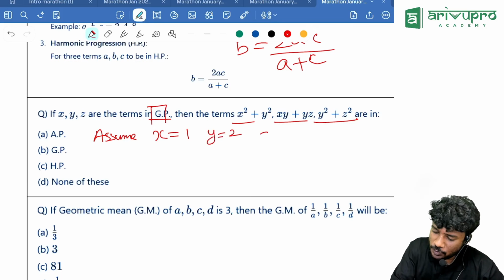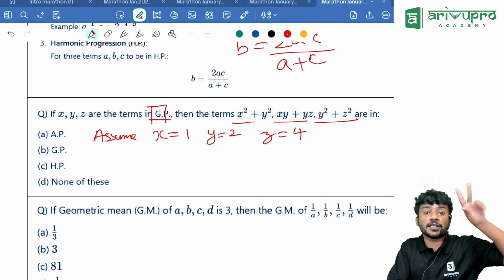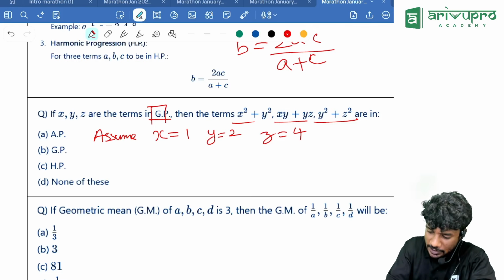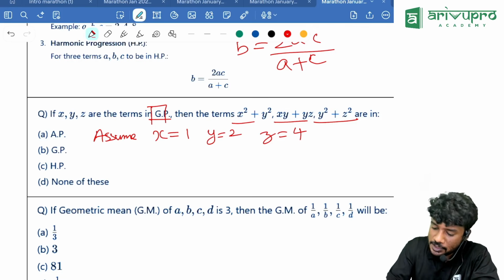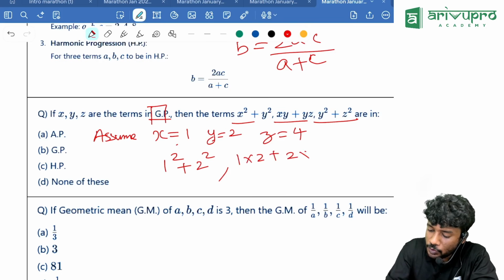Then Z is equal to what? 4. Why? Because they are in GP. Common ratio is 2. Now we will check. X square plus Y square is how much? 1 square plus 2 square. Then XY plus YZ is how much? XY, that is 1 into 2, plus YZ is 2 into 4.